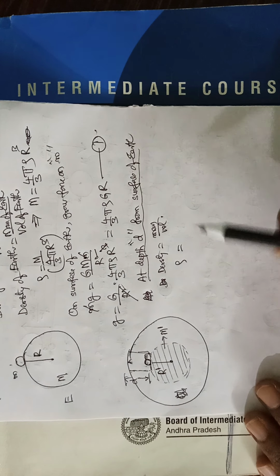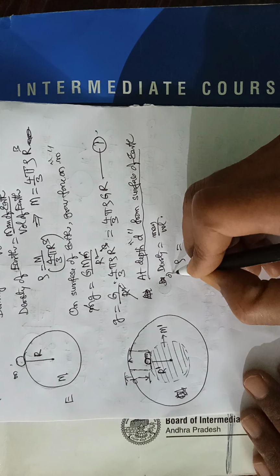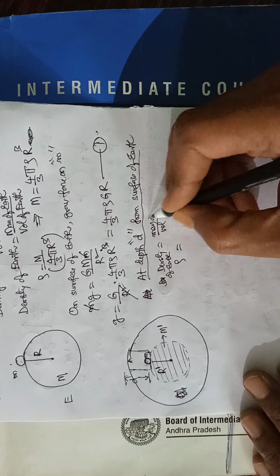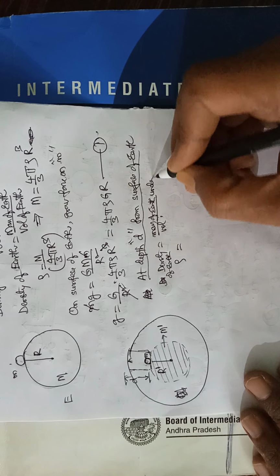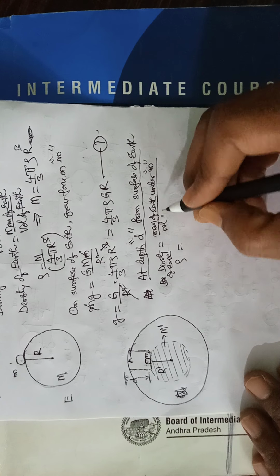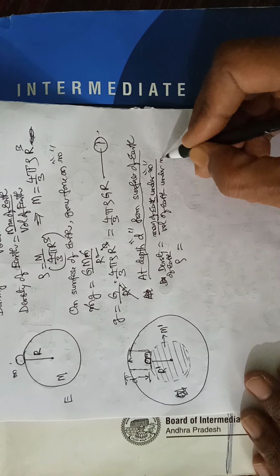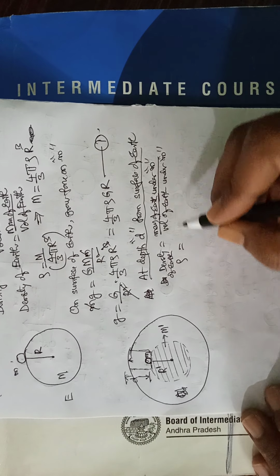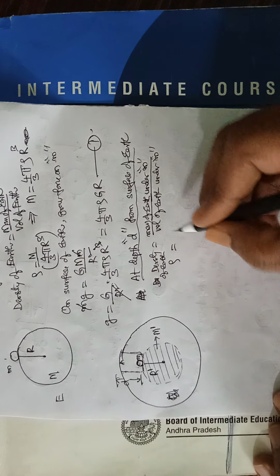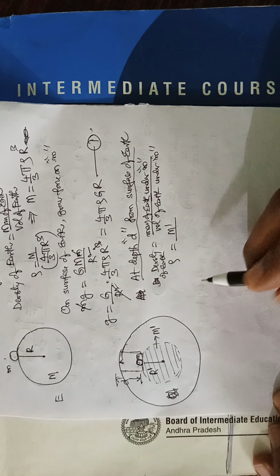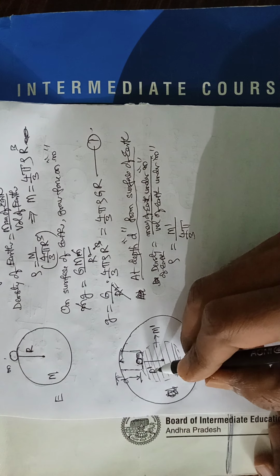So the density of the earth is equal to the mass of the earth under m, which is m dash, by the volume of the earth under m, which is 4 by 3 pi r dash cube.